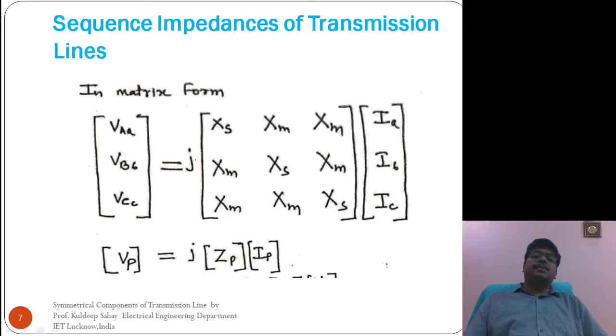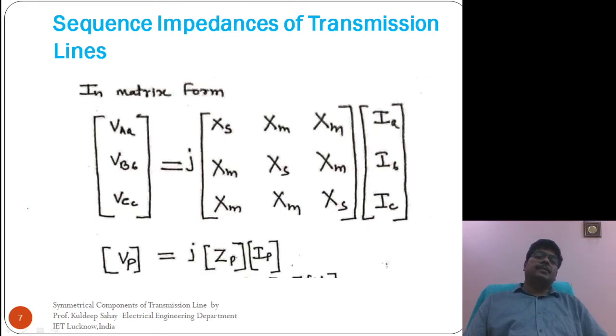Since we have taken a common j, the first row will be Xs, Xm, Xm. For VBB, the second row will be Xm, Xs, Xm. Now for VCC, the third row will be Xm, Xm, Xs, and the current vector IA, IB, IC.